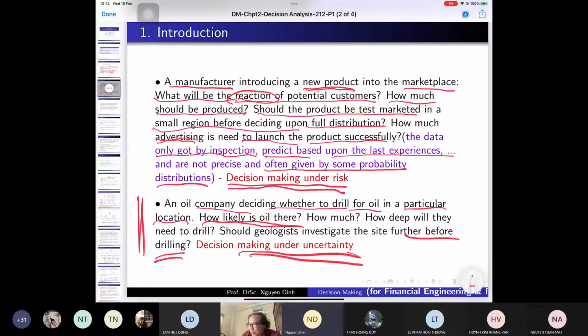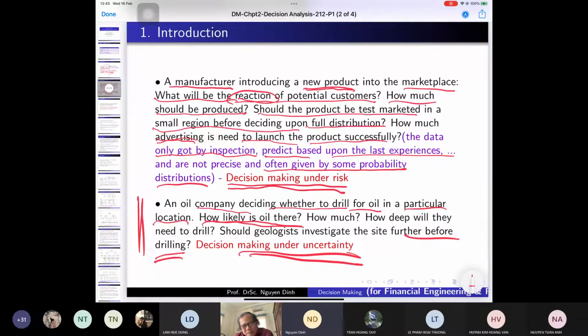In the situation with the manufacturer or producer, we still have some data, even if the data is not quite sure. The data may be that the welcome of the new product from the potential customer in the past is about 60% or something like this. Even if it's not quite sure, you still have something, 60%, more than 50, that is okay. But here, this situation is quite hard.